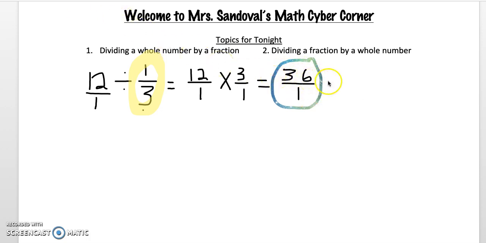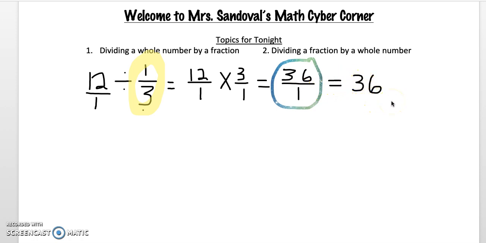Now, I want you to remember this tonight. Whenever we have an improper fraction where the number is on top of a 1, the answer is that number. So 36 over 1, the answer is 36.